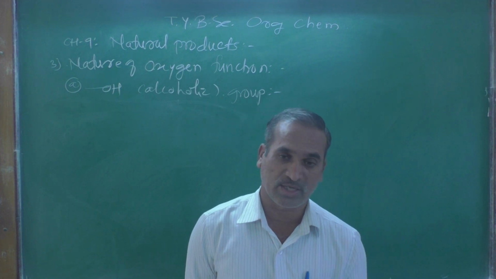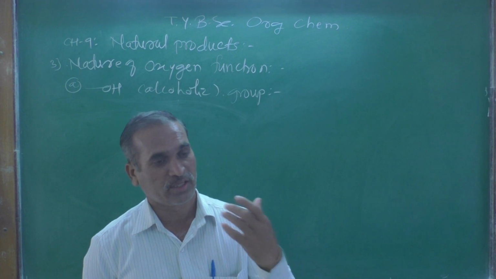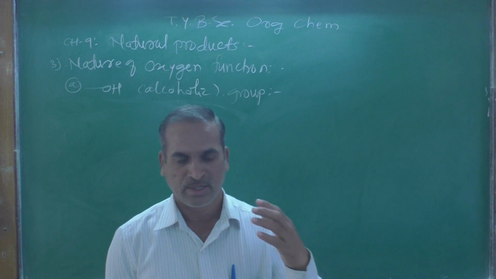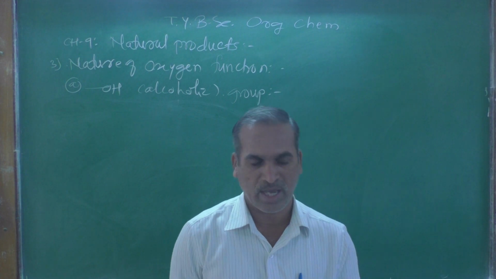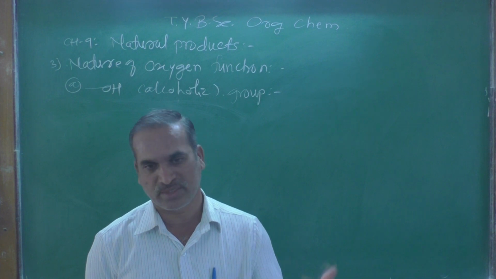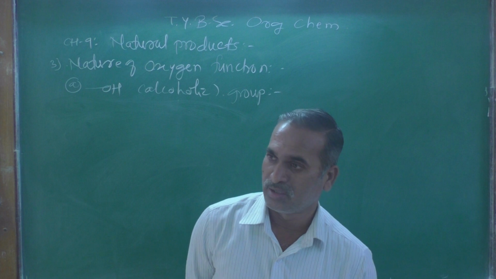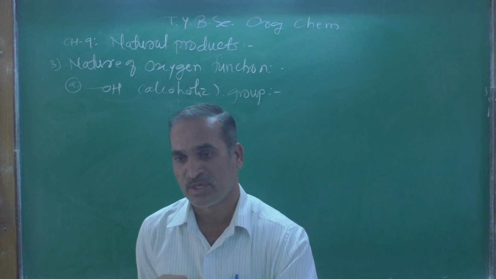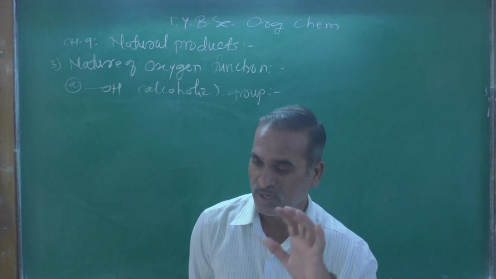And as you know, the alcoholic group, the OH group, is further classified into 3 categories: primary alcohol, secondary alcohol and tertiary alcohol. These are the classifications of alcohol. In a terpenoid it may be present in different forms: primary, secondary and tertiary. When the hydroxy group is attached to CH2, it is primary.